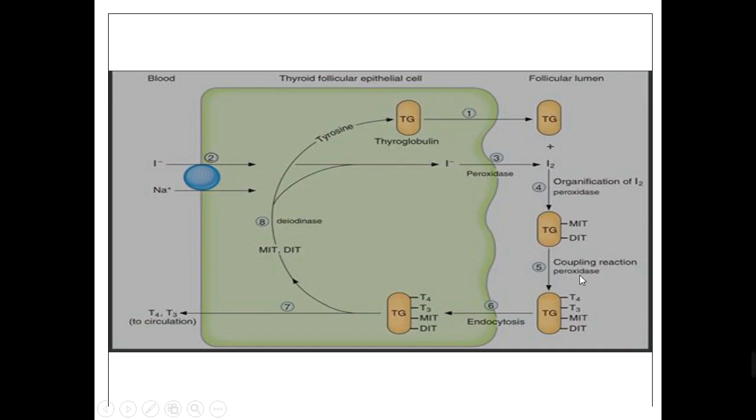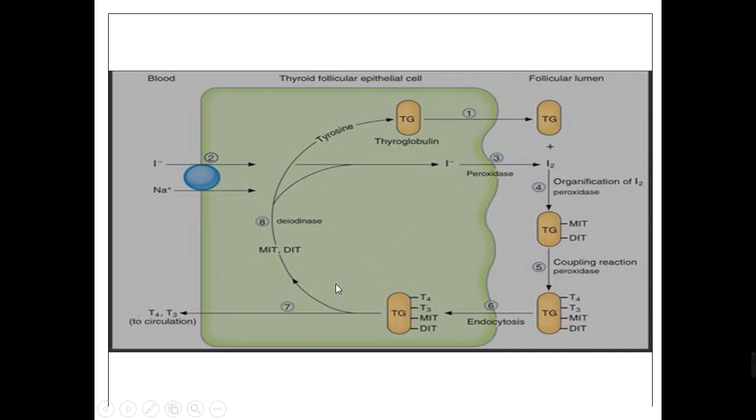The coupling reaction occurs under the effects of peroxidase enzyme to produce the T4 and T3, and in the presence of the MIT and DIT, they are all complexed to the thyroglobulin in the follicular lumen. By the way, in the sixth stage, endocytosis of these thyroid hormones occurs into the follicular cells. From the follicular lumen, these hormones will pass with the thyroglobulin into the follicular cells.